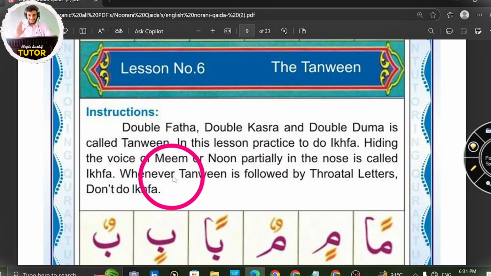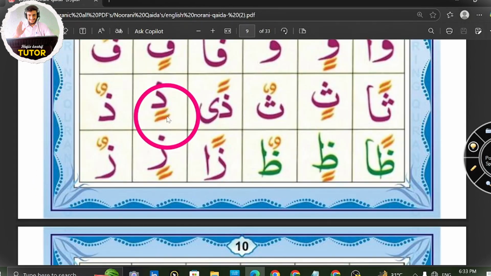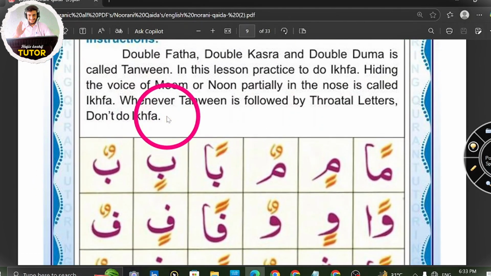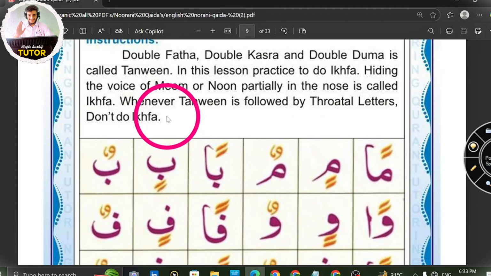So in this lesson, practice to do ikhfa. Hiding the voice of meme or noon partially in the nose is called ikhfa. Whenever tanween is followed by shorter letters, don't do ikhfa. Boys, please remember the ikhfa rule.